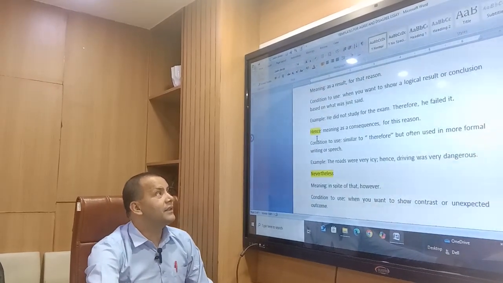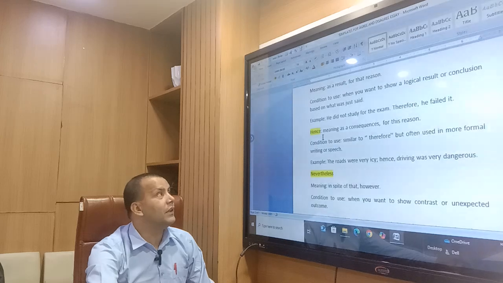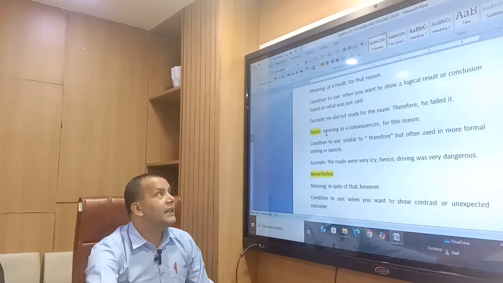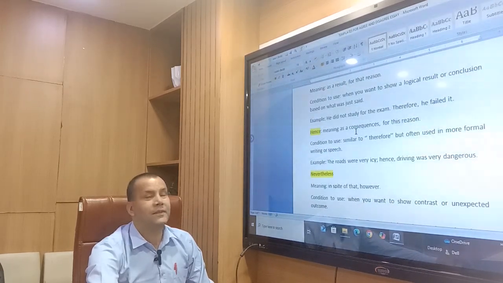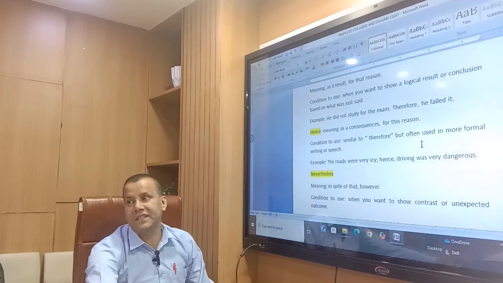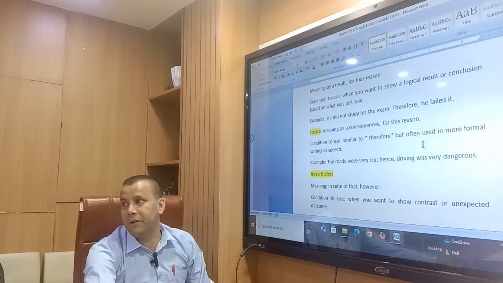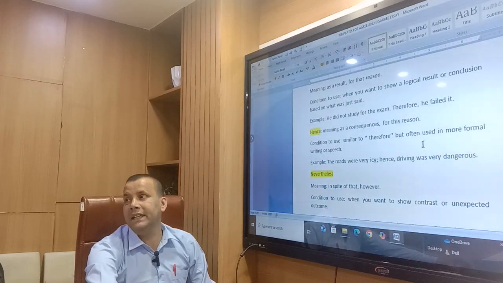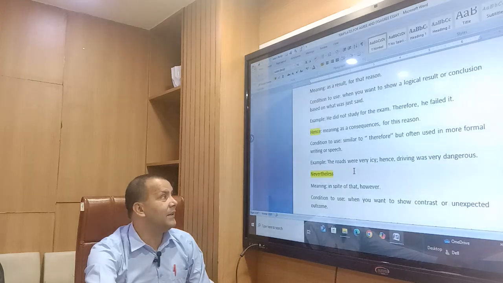Next, hence. Hence is also a linking word. When can you use hence? Hence means as a consequence, परिणाम स्वरूप. For this reason, this कारणले. Condition to use: similar to therefore, but often used in more formal writing or speech. In Nepali it means this karanle.